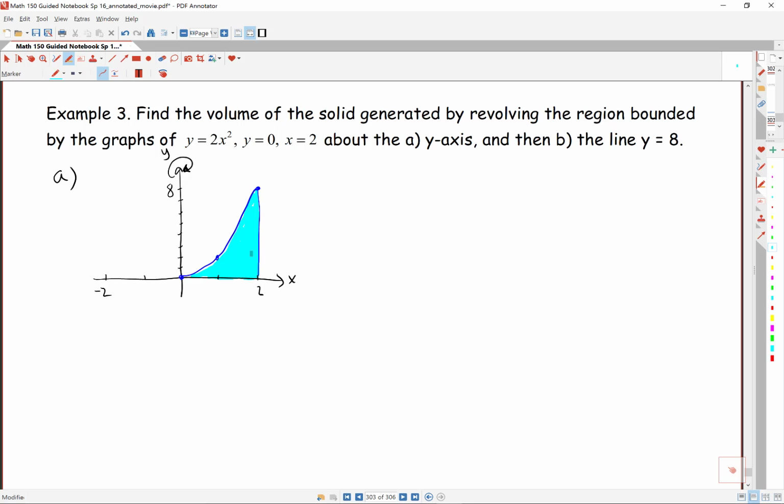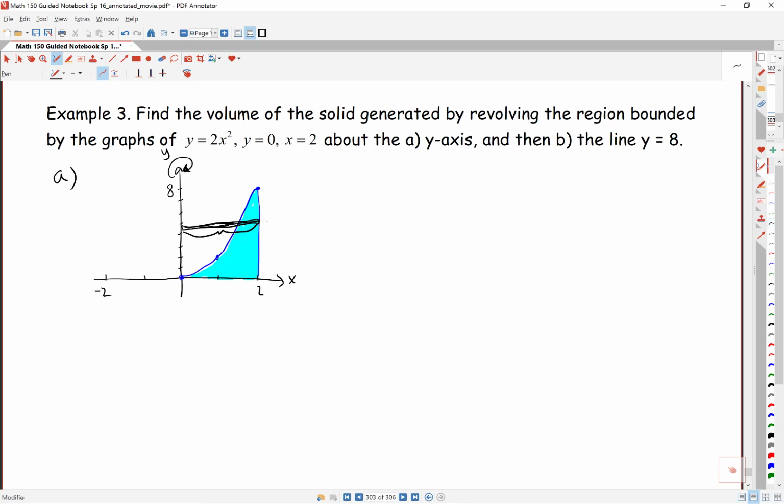Okay, so now remember that we are rotating about that y-axis, so we have to be vertical to that. So if you think about a rectangle at any given time, this whole thing, do you see, is going to yield the larger volume.